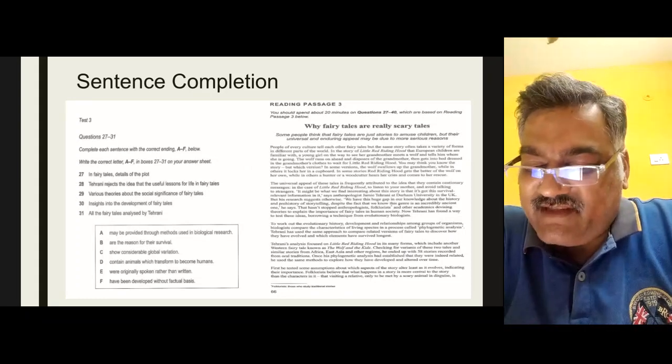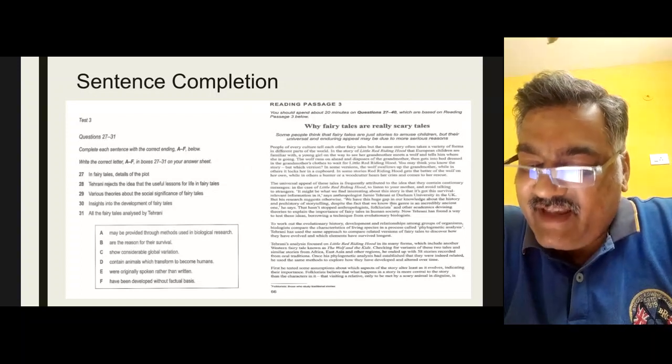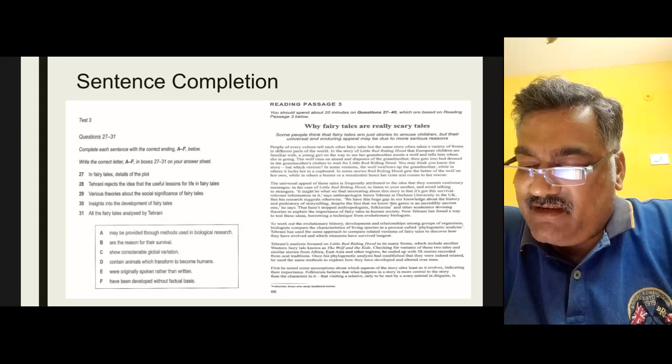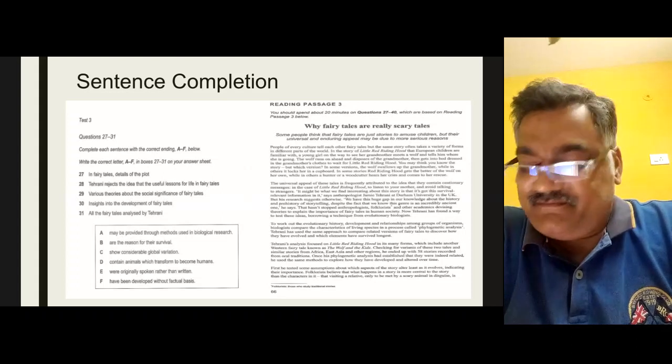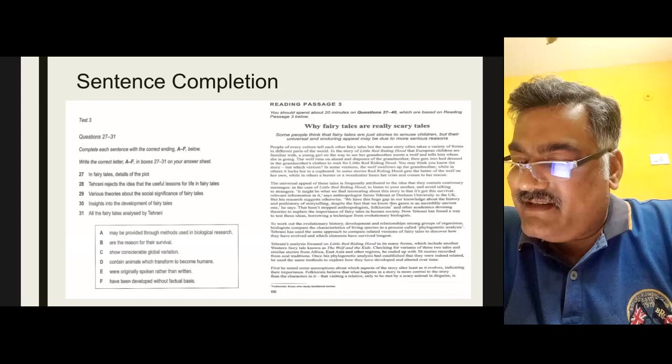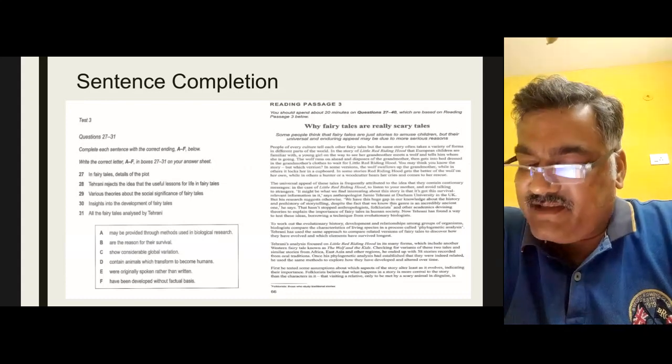Can somebody tell me the answer for this? In fairy tales, details of the plot. What happens to the details of the plot? If you read the first 2 paragraphs, you will get the answer.